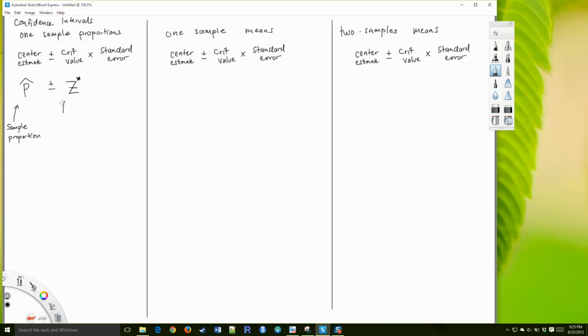There are 4 numbers to memorize: 1.28, 1.645, 1.96, 2.58, for 80%, 90%, 95%, and 99%.